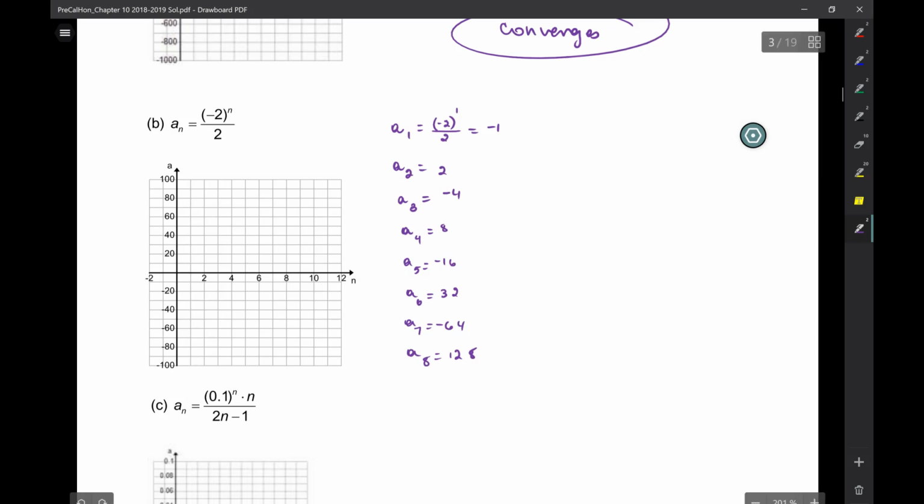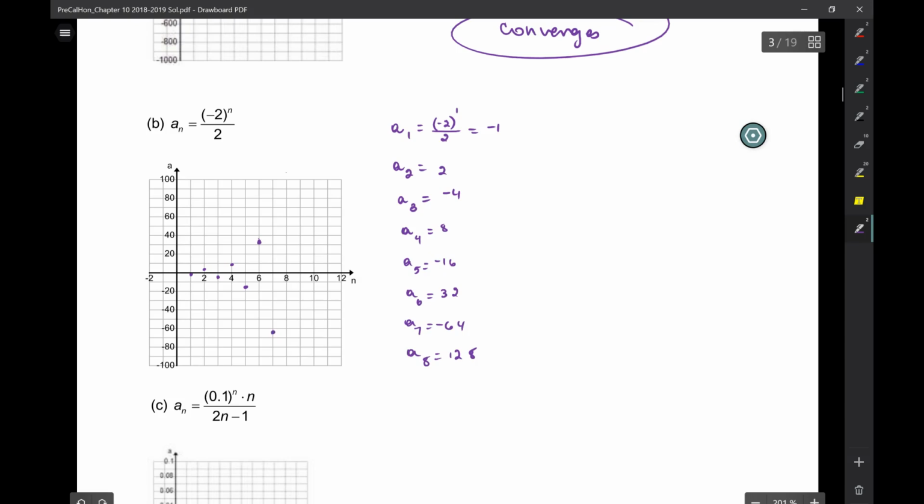Okay, so here's what we have. I have negative 1, and then 2, and then negative 4, and then 8, and then negative 16, and then 32, and then negative 64, and then 128.